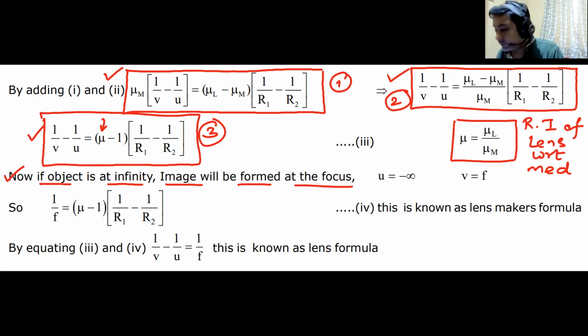At focus. Which focus? There are two foci of a lens. Which focus is the image formed?